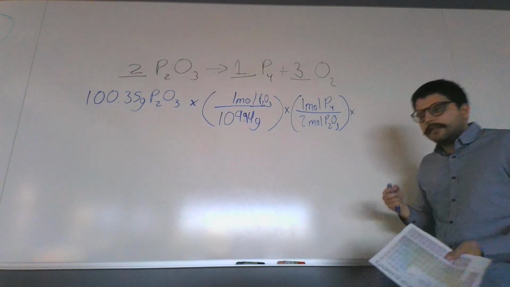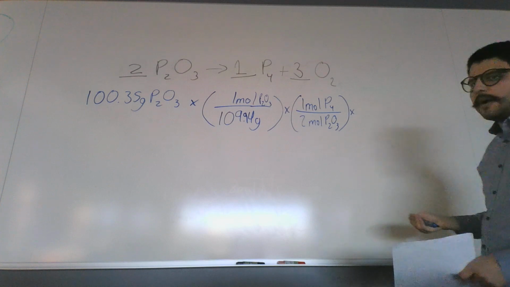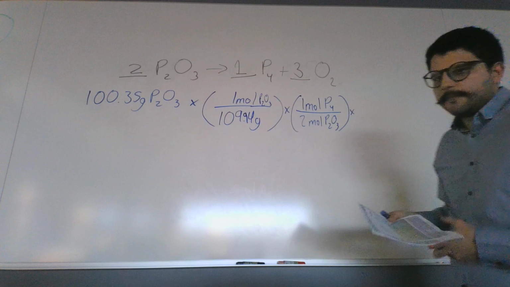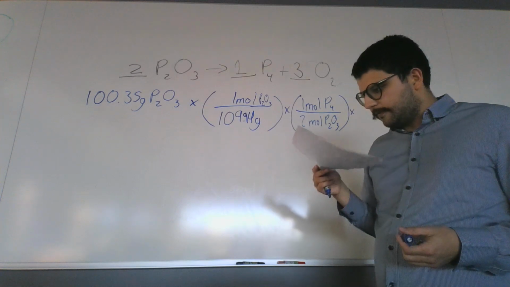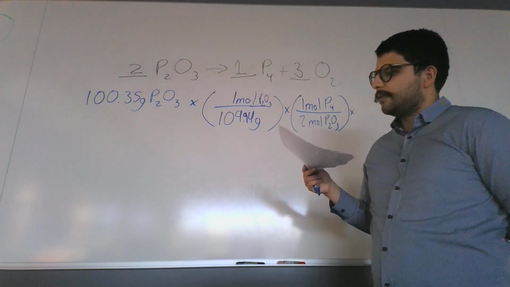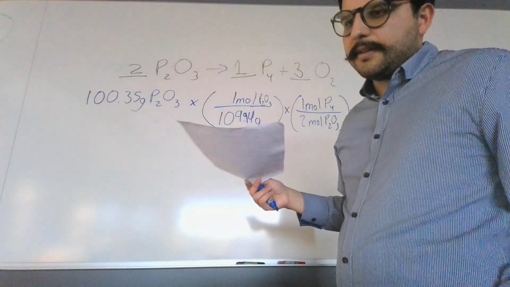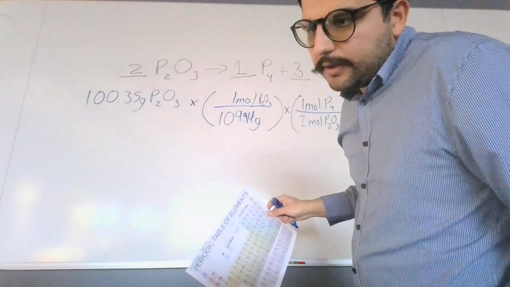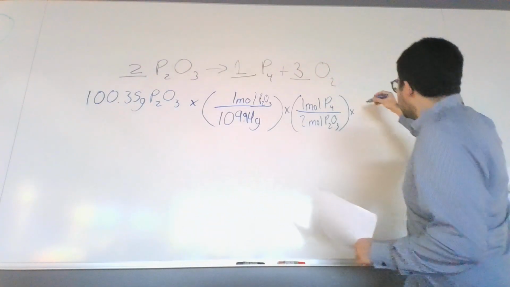But it's asking us to solve the mass of P4 produced. So now we have to look at the molar mass of P4. So you go to the periodic table, find the molar mass of P, which is 30.97. It goes on, but just 30.97 is fine for now. Multiply that by 4 because there are 4 atoms in P4, and that is going to bring us to 123.895.